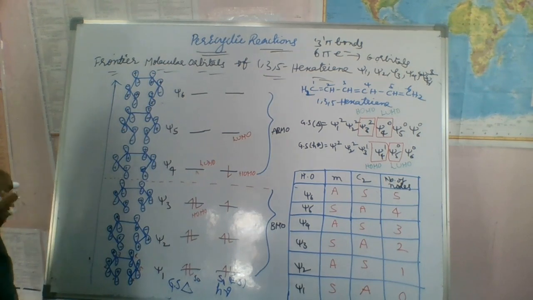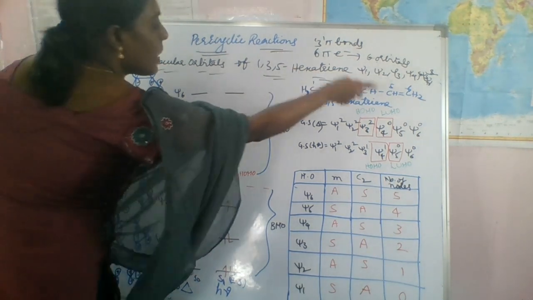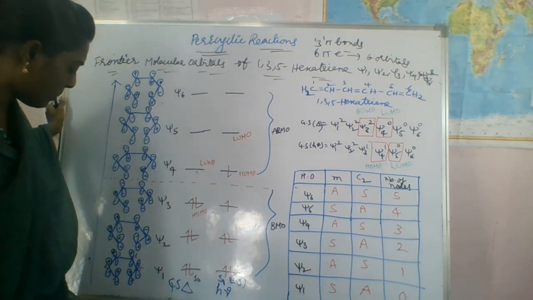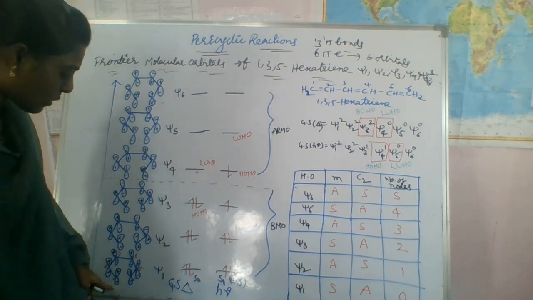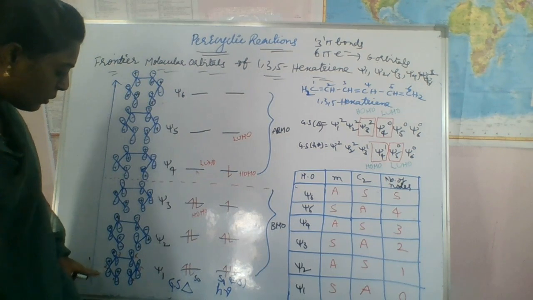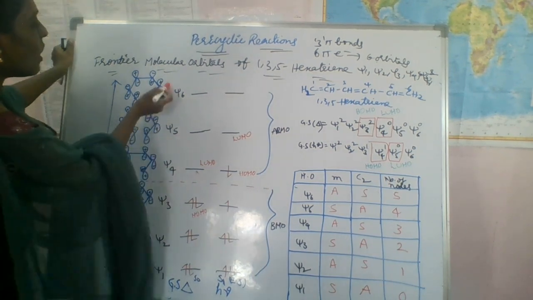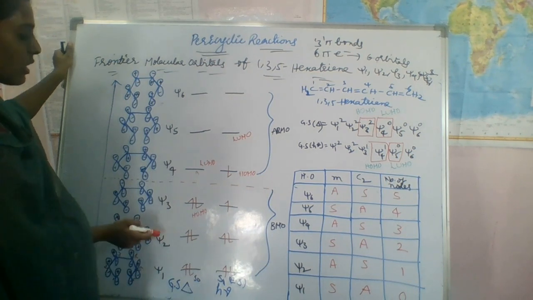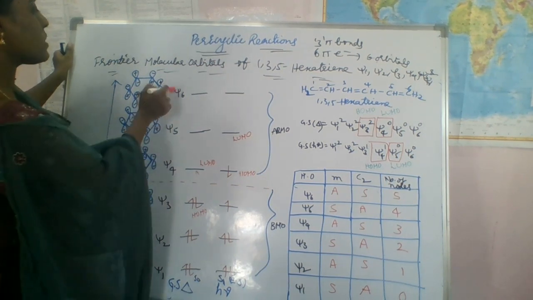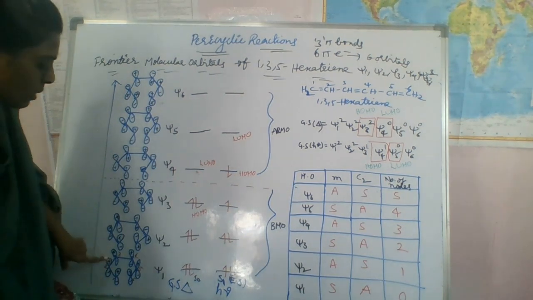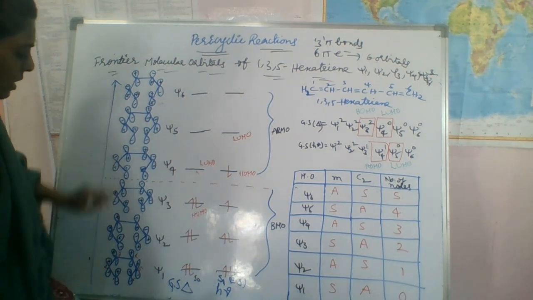Six carbon atoms, each containing a pi orbital and a pi electron. So we write 1, 2, 3, 4, 5, 6. There are 6 orbitals: psi 1, psi 2, psi 3, psi 4, psi 5, psi 6. So we have to write the first frontier molecular orbital.